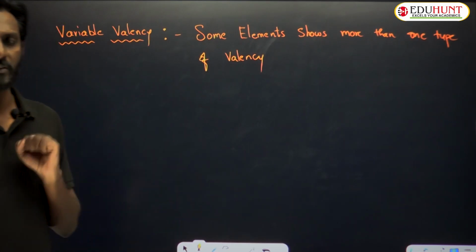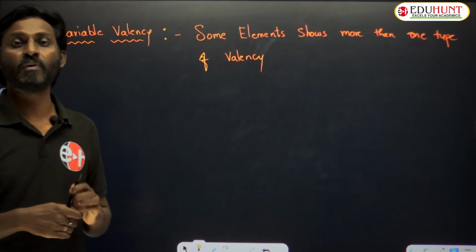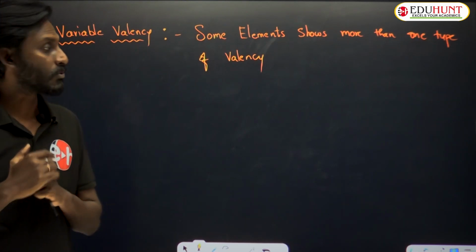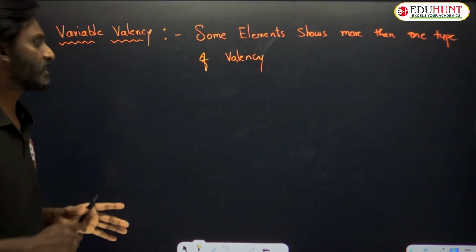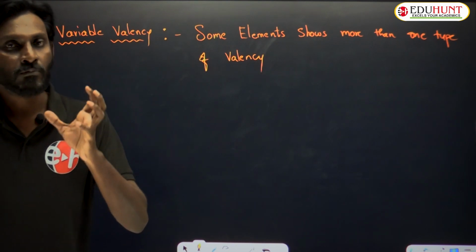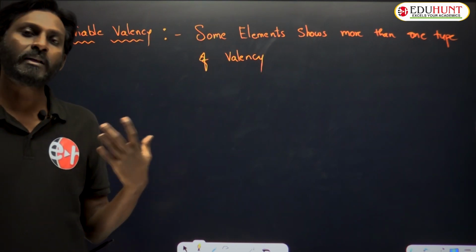Sir, what are those elements? Why are those elements showing more than one type of valency? We are going to discuss it further. But wait, some elements show more than one type of valency.